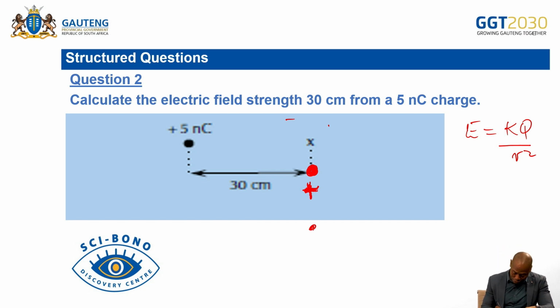So this point represents X, right? Then this is positive. Even your X, which is a point, is also positive. So the force exerted by the positive 5 nanocoulombs on X would be a force of repulsion.